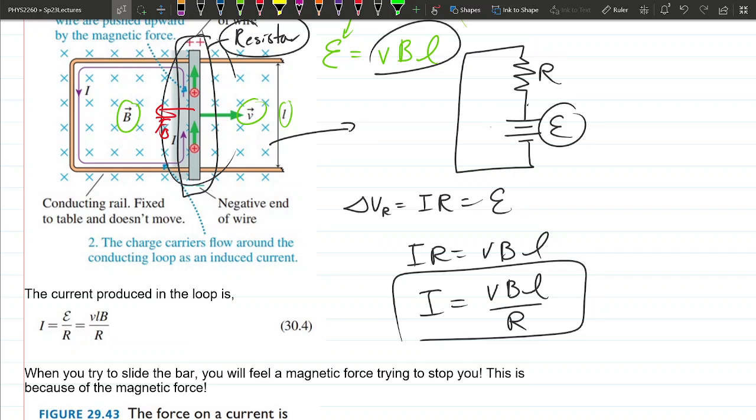Okay. So now something interesting happened, right? The magnetic field with a moving bar created a current, but now you have a current in a magnetic field, right? So what's going to happen if you have a current in a magnetic field? Anyone want to venture a guess? When you put moving charges in a magnetic field, what type of action or what type of thing will happen?